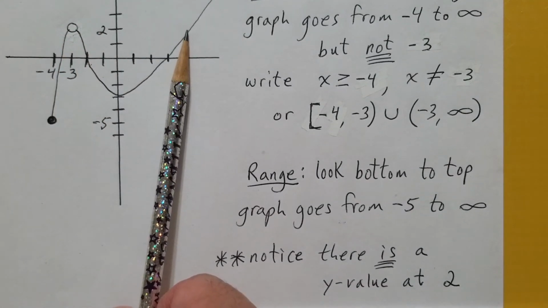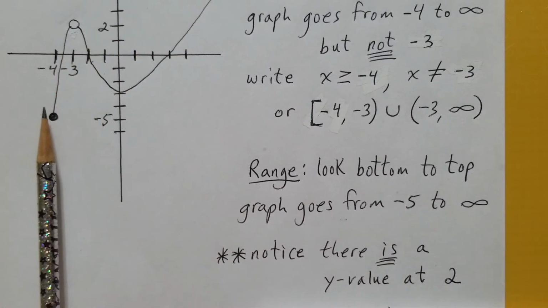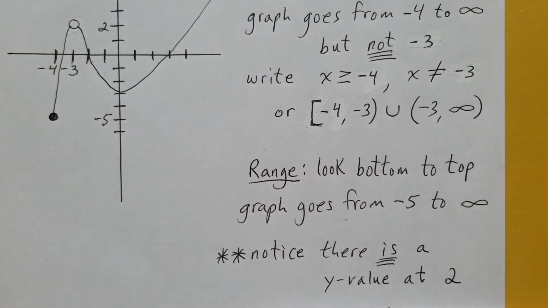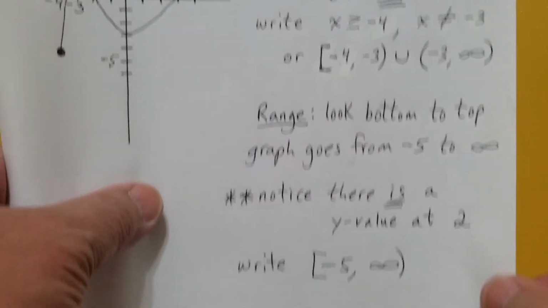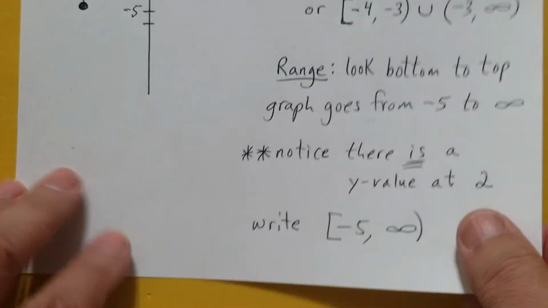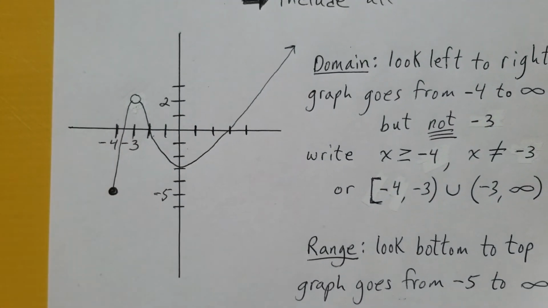That point right there, that's y equals 2. So there is a value at 2. That means there's a value for everything starting at -5 and going up. So we write it this way. From -5, including -5, and upwards forever. That is the range of this graph.